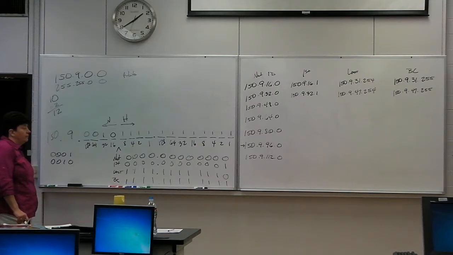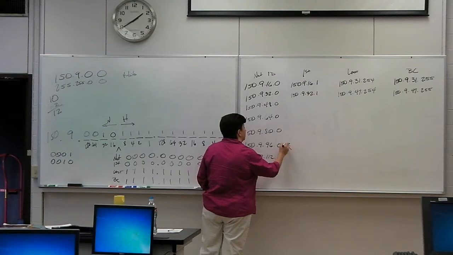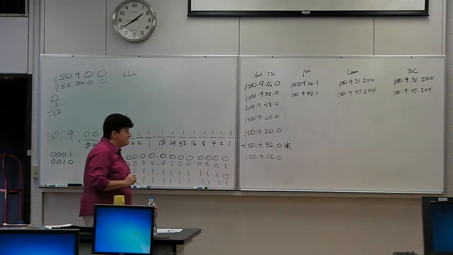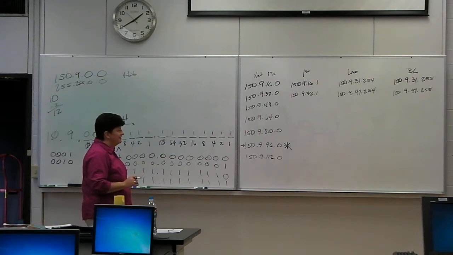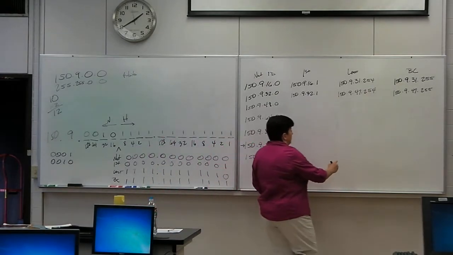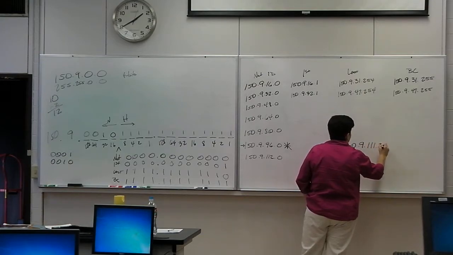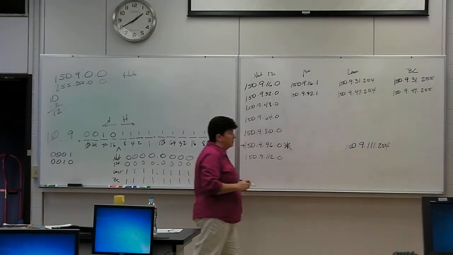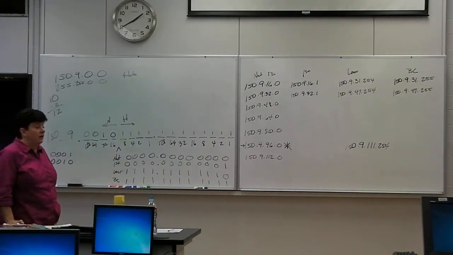Last usable address on this network. 111. Last usable address, 254. One less than the next. 150.9.111.254 would be its last usable address, or last assignable address.